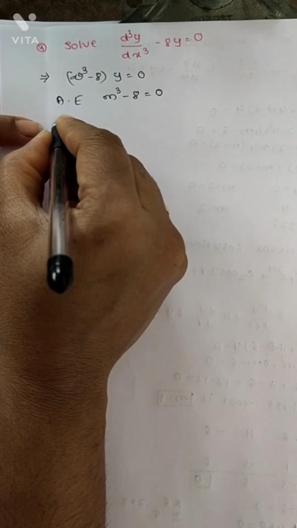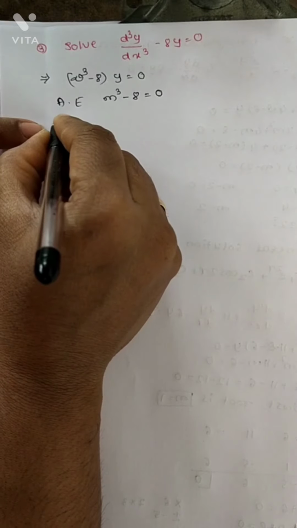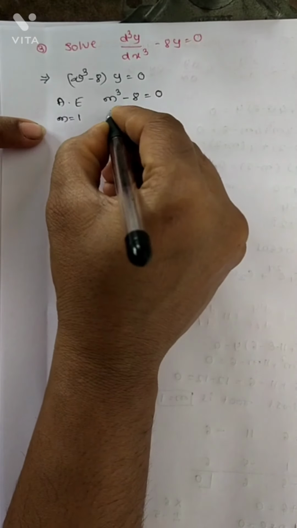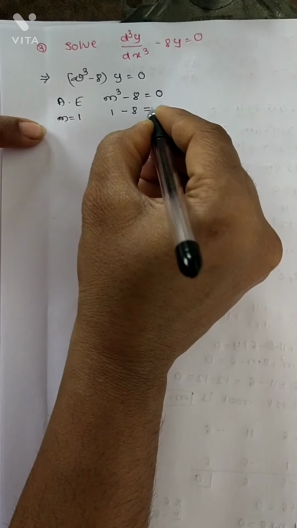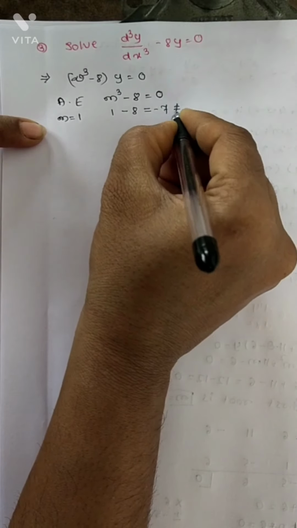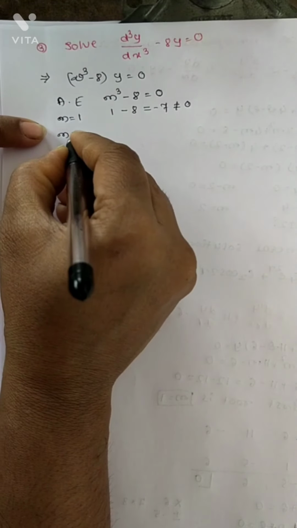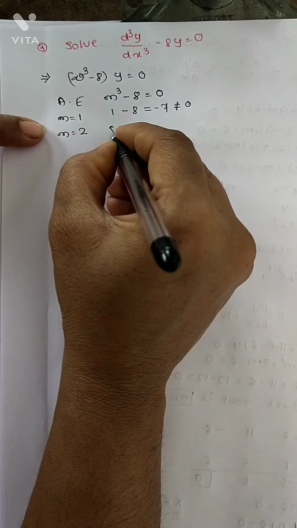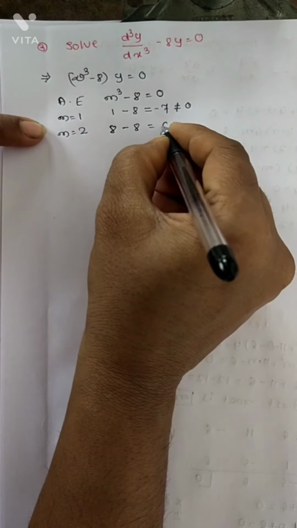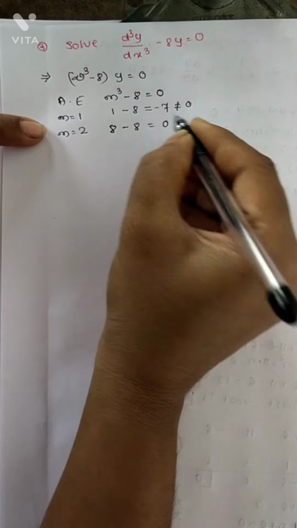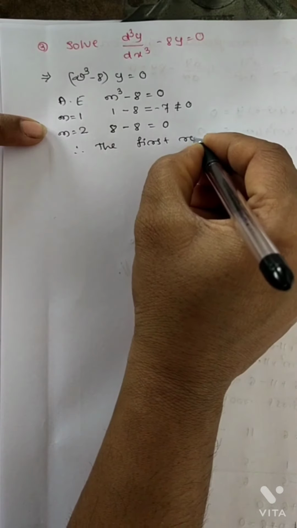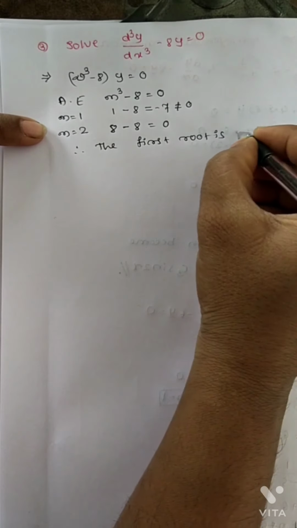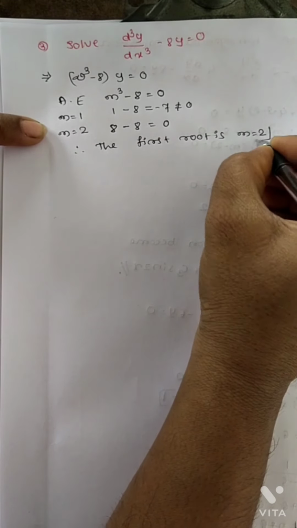See here I am applying the synthetic division method. m is equal to 1, we substitute: 1 minus 8 is equal to minus 7, not equal to 0. And m is equal to 2: 2 into 2 is 4, 4 into 2 is 8, 8 minus 8 is equal to 0. Therefore, the first root is m is equal to 2.